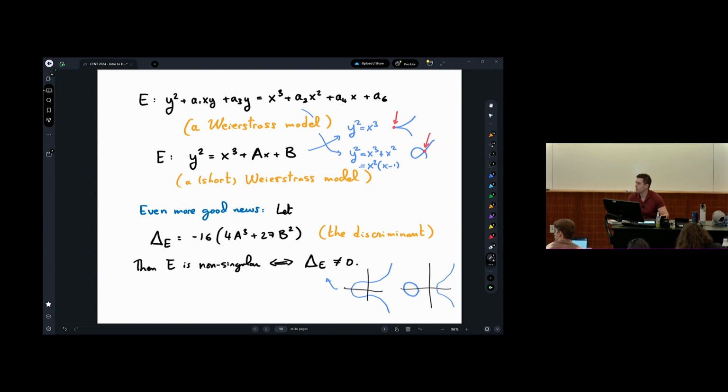Yes, Summer? Does this discriminant have to do with the discriminant of a polynomial? It is the discriminant. This quantity has to do with the discriminant of this polynomial. If you have a polynomial, you can write the discriminant, like the discriminant of a quadratic. You can write a discriminant for any polynomial.